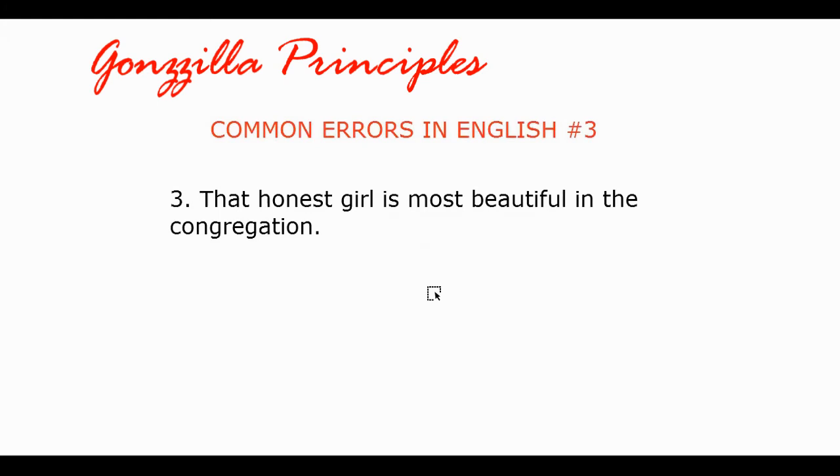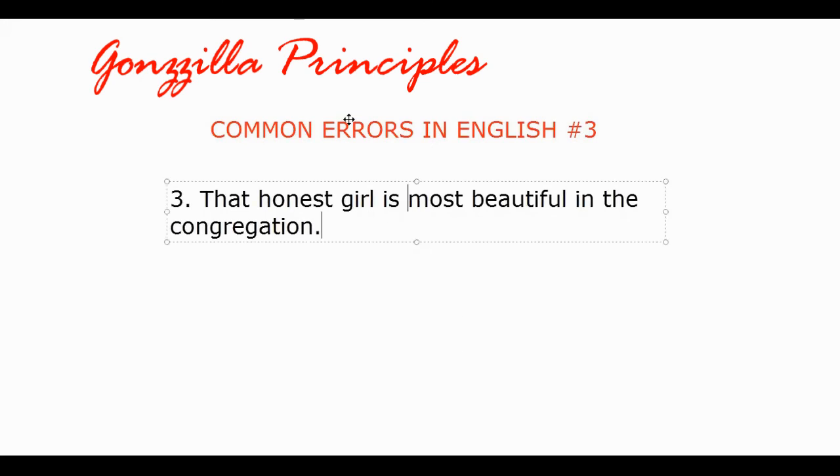The third sentence I'll be looking at today is: that honest girl is most beautiful in the congregation. So what could possibly be wrong here? I guess everything in the sentence sits well, but something is out of place, which is the use of most here.